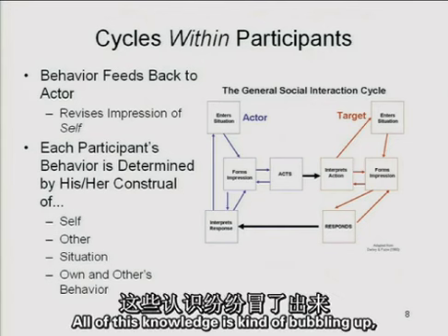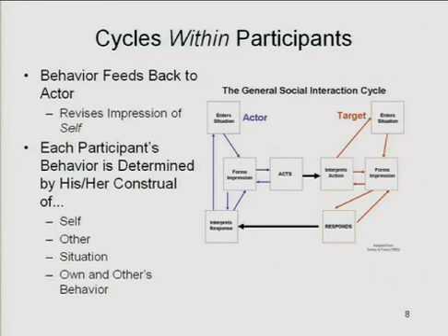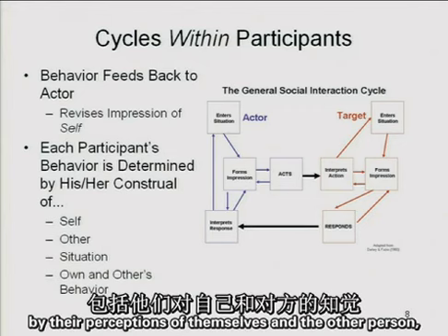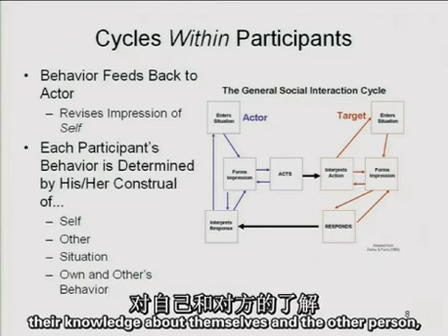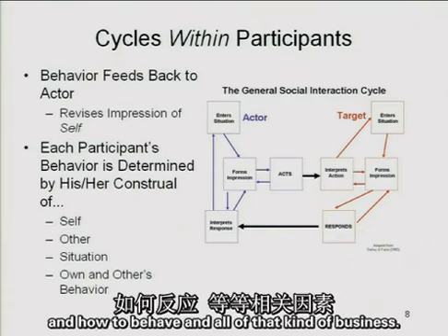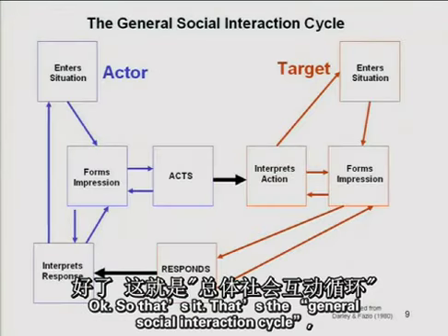All of this knowledge is kind of bubbling up, and their actions in the situation are guided by their perceptions of themselves and the other person, their knowledge about themselves and the other person, their knowledge about what to do and how to behave and all of that kind of business, okay? So that's it.